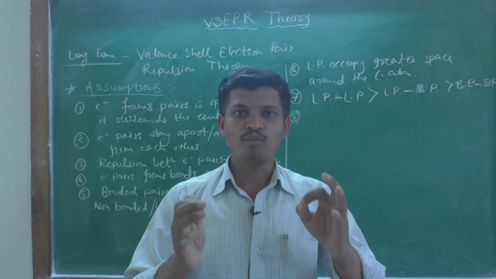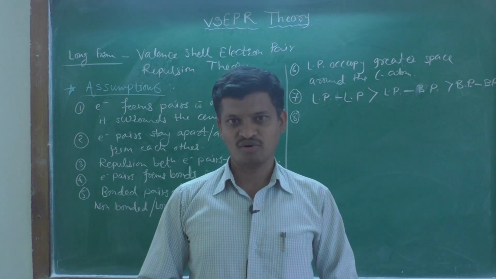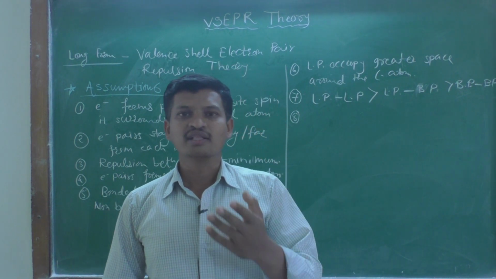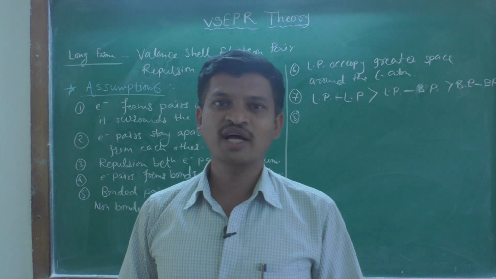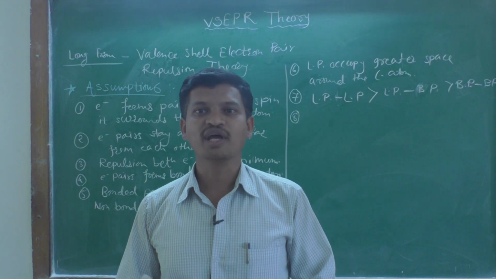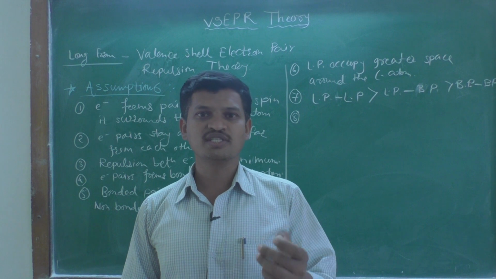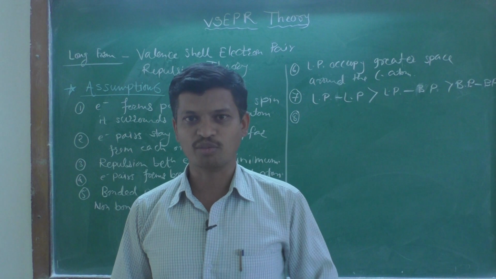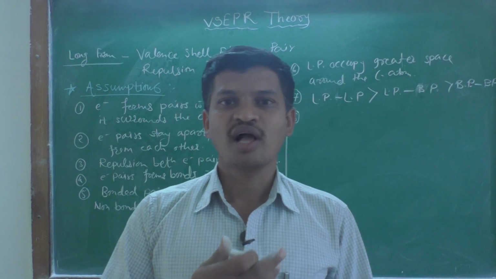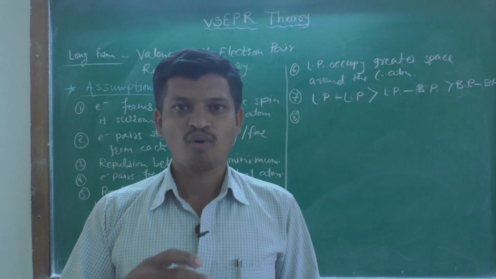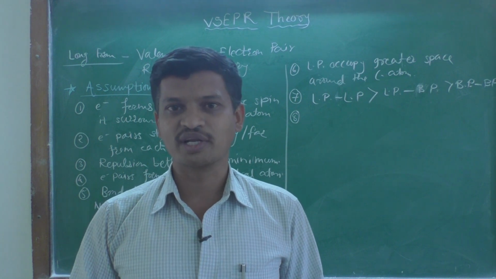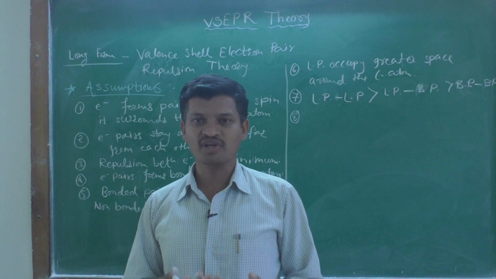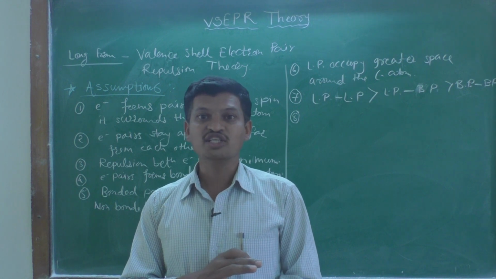And the last assumption of this VSEPR theory is that when the central atom has all bonded pairs of electrons, then the molecule will get a regular geometry. But if it has non-bonded or lone pairs of electrons, then that molecule will get a distorted geometry.